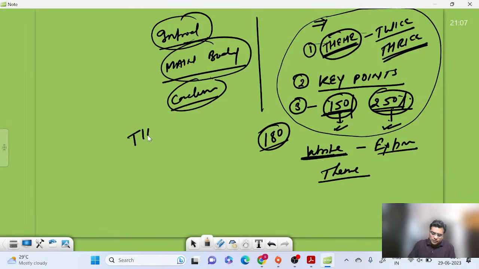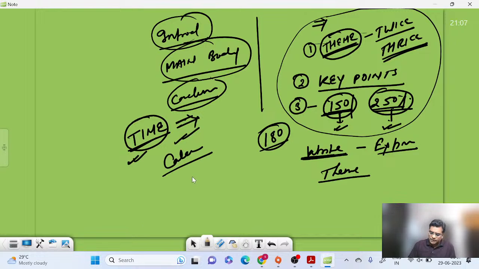So time is very important in calculation and writing the answer. So don't leave any question, write all the questions, and with respect to time, how many words and how much time you have to devote, you have to calculate well in advance, right? Whether it is a 150-word question or a 250-word question.